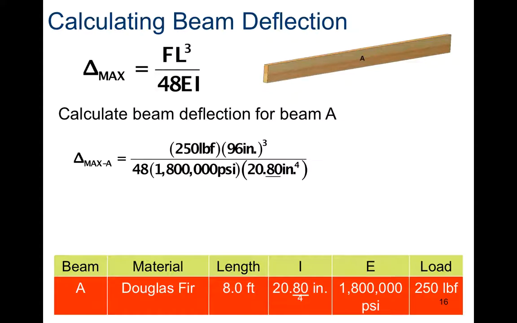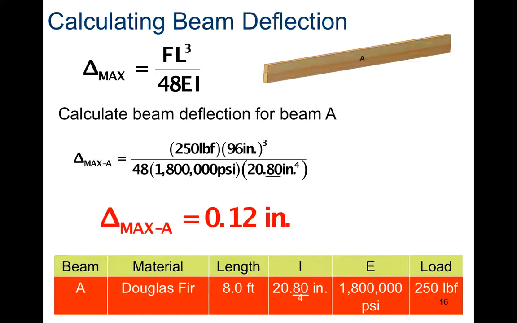For the force F, you're plugging in 250 pounds. For the length, that is 96 inches. We do want that in inches, so 8 feet times 12 gives us 96 inches. Remember to cube just the length, not the whole thing, just the length. Then underneath, we've got 48, the modulus of elasticity, and the moment of inertia, 20.8 inches to the fourth.